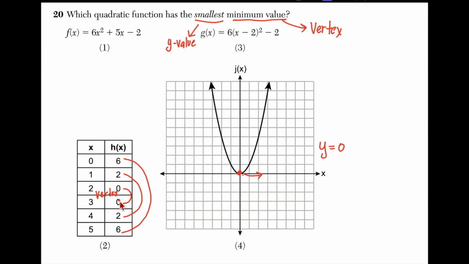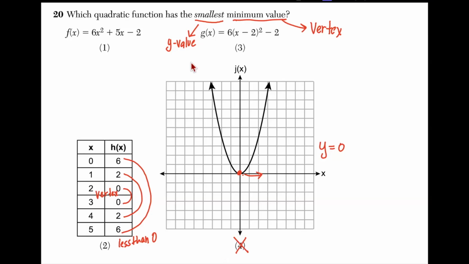Further, what I can tell is that these values are decreasing, right? 6 down to 2, down to 0. So the vertex for number 2 is going to be less than 0. It's something negative. So right now, if I had to choose, I know that the vertex for 2 is smaller than the vertex for 4. So I know it's not 4.